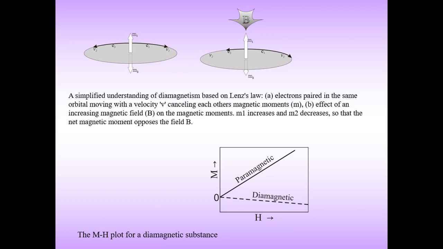Those electrons having orbital magnetic moment in the same direction slow down and those in the opposite direction speed up. This happens due to the induced current in accordance with Lenz's law, which we will study in chapter number 6. In chapter number 7 we will discuss that the substance develops a magnetic moment in the direction opposite to the applied field and hence repulsion occurs. So this is the basic phenomenon.